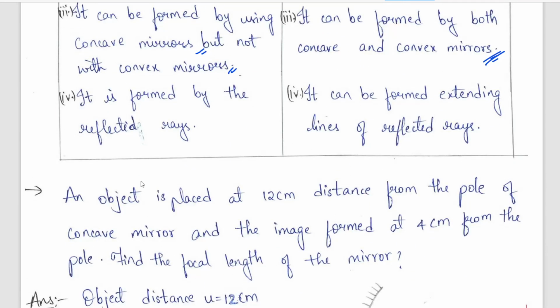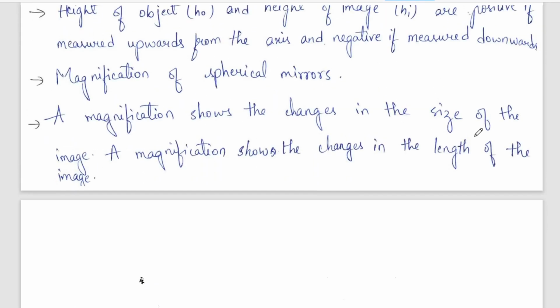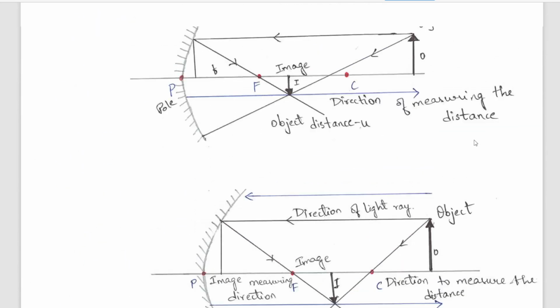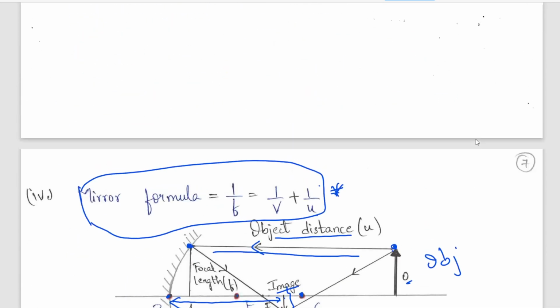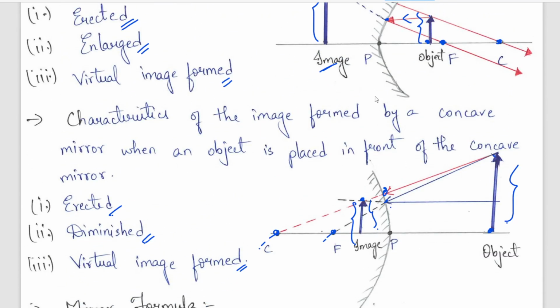Okay. Coming to fourth point, it is formed by reflected rays. This real image is formed by reflected rays, and this virtual image is formed by extending the lines of reflected rays. Right. We have observed here. If you can remember, here I have explained to you. We have seen the characteristics, like virtual image.